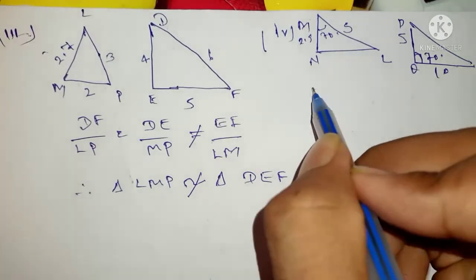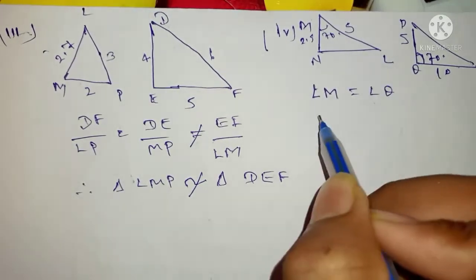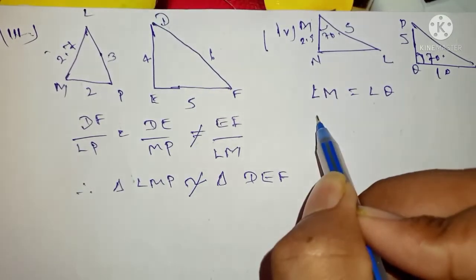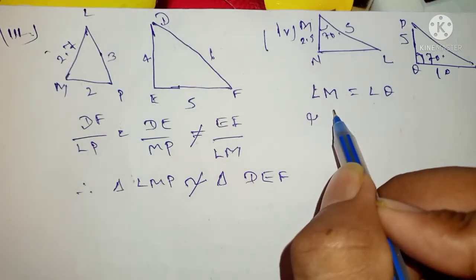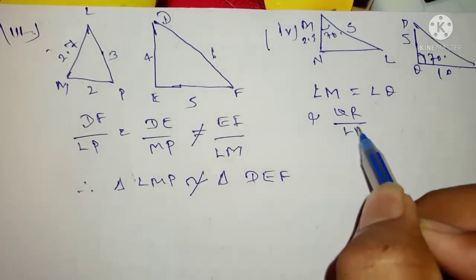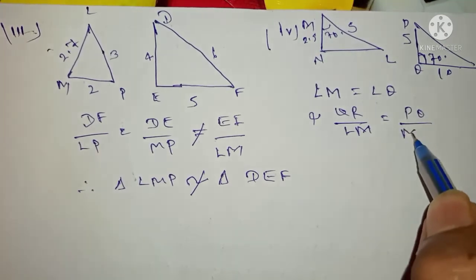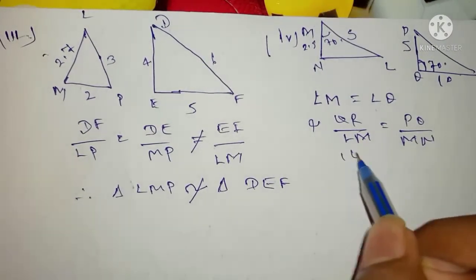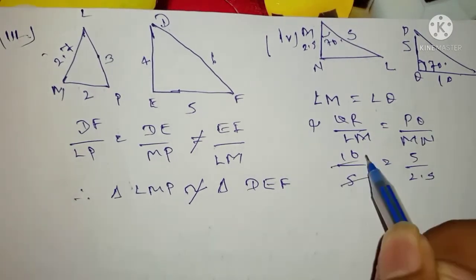Here we can say angle M is equal to angle Q, and QR by LM is equal to PQ by MN, because here 10 by 5, and here 5 by 2.5, both will give 2.